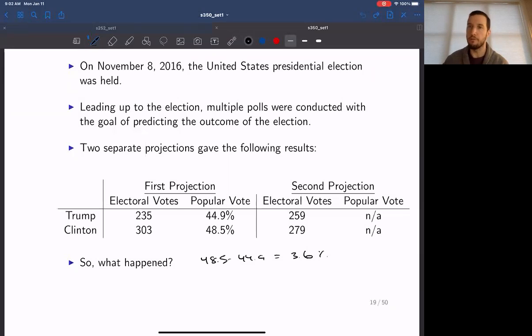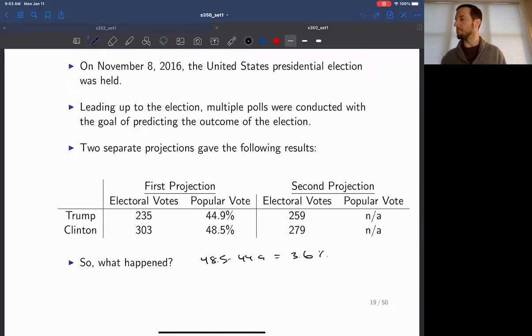The third example focused on the 2016 presidential election, where early polls indicated that the Democratic Party was ahead of the Republican in terms of electoral and popular vote. But in the end, the Republican Party won that election. A few different things came out of this.